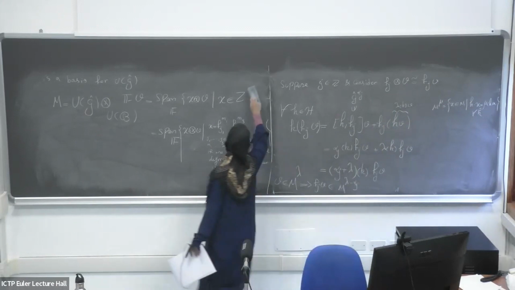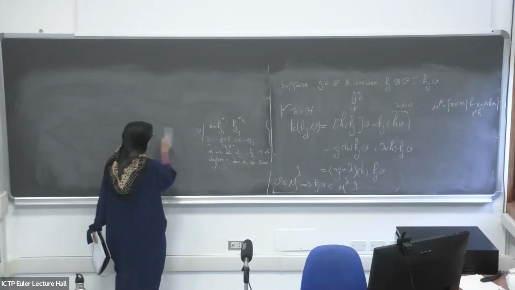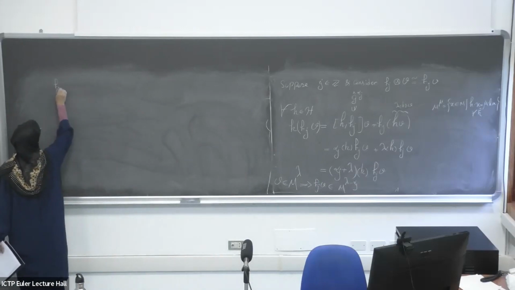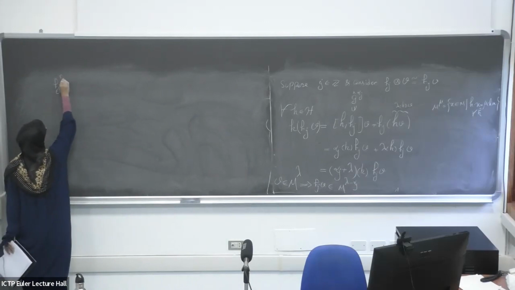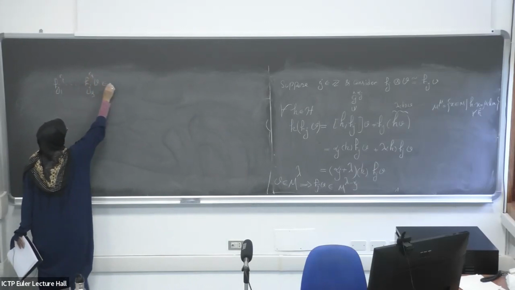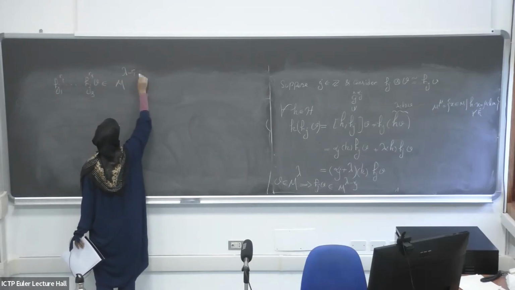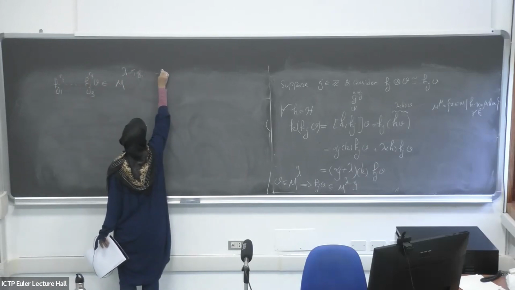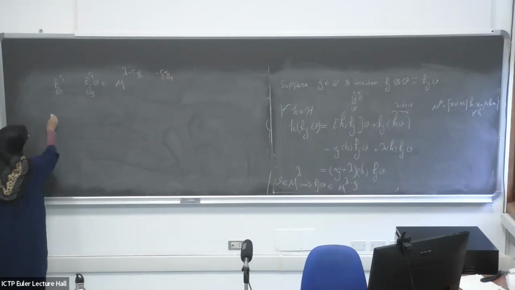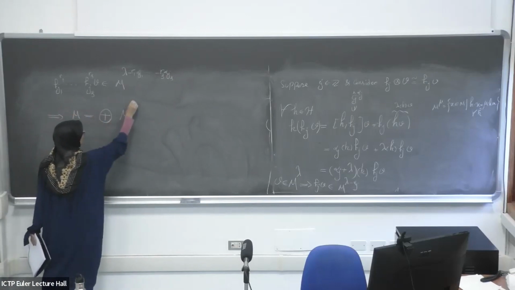And you can see that similarly, Fj1 to the R1 up to Fjs to the RS V is an element of M lambda minus R1 alpha J1 minus RS alpha JS. So M is a direct sum of M mu.